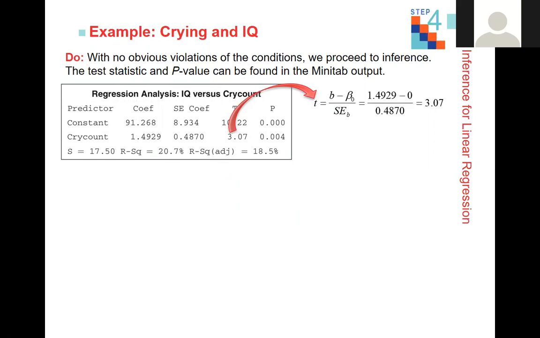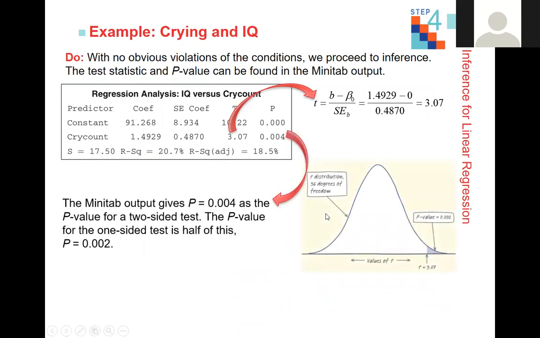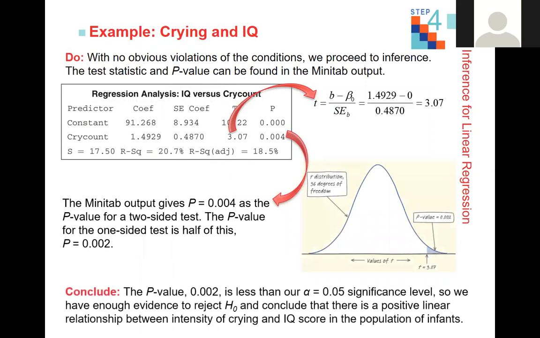And we want the right tail, since this is a one-sided test. And so that's going to end up being 0.002. And that's less than our alpha of 0.05. So we're going to reject the null hypothesis and conclude that there is a positive association. In other words, that the slope is positive. So rejecting a null hypothesis, we have enough evidence to conclude our alternative.